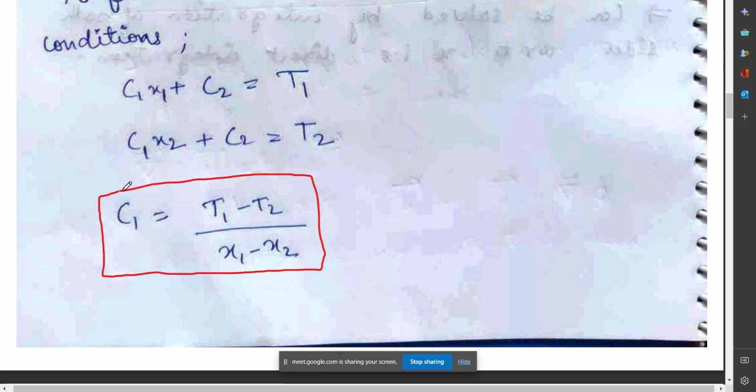So now to find out the value of c1, we will subtract T1 from T2 and we will get this. So this will be the value of c1. Is there any problem till here? Any doubt till here?